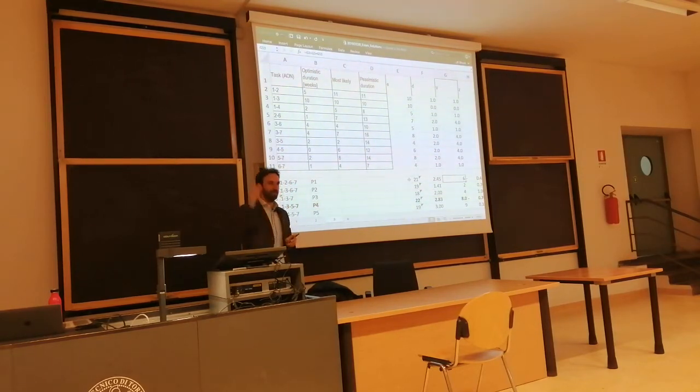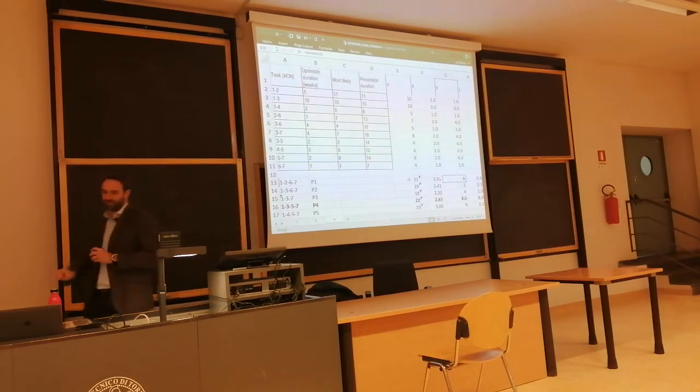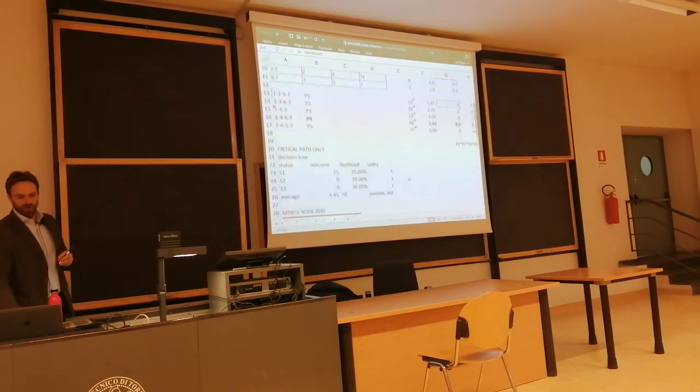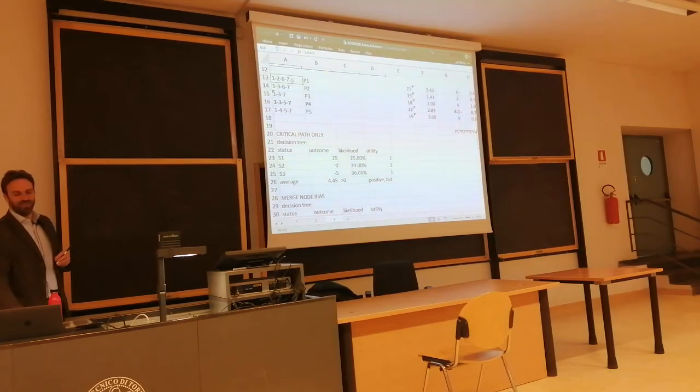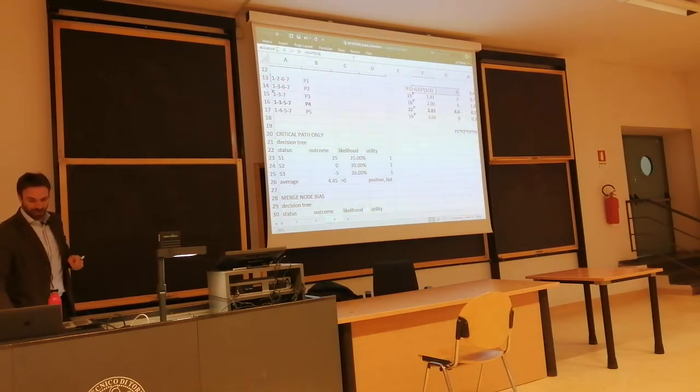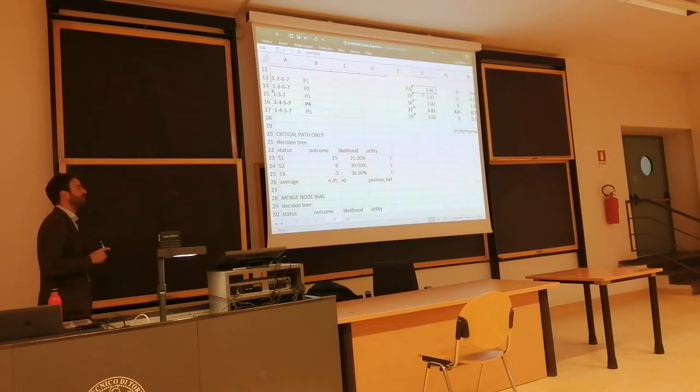You sum up the variances and then take the square root. So, for path 1-2-6-7, which I call path 1, the expected duration is 21. The variance is 6. The standard deviation is the square root of 6, which equals 2.45.